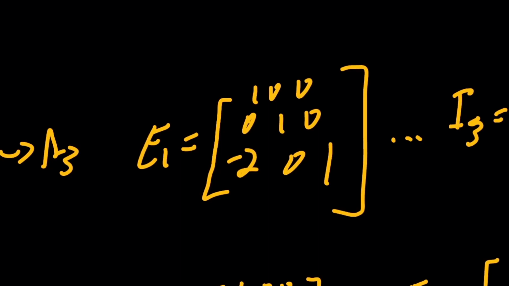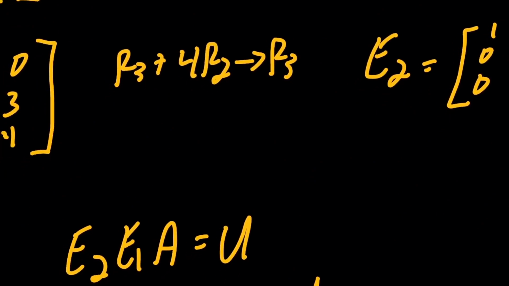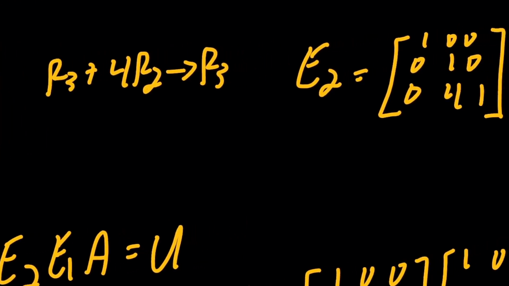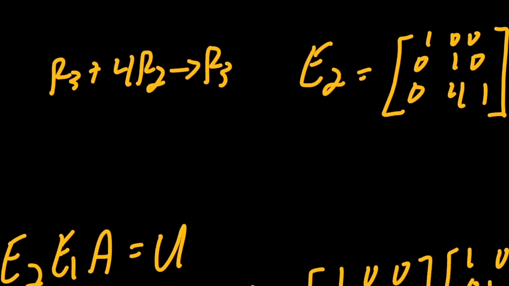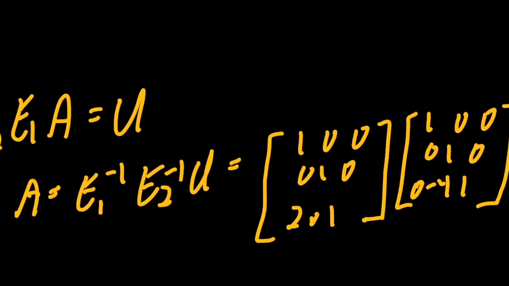Okay. So we have the inverse of our elementary matrices. Let's go ahead and plug them in. While we are plugging in our elementary matrices, it's all a matter of matrix multiplication. And you guys are probably wondering, well, where is the U exactly? Let's think about that for a second. Oh, here it is.